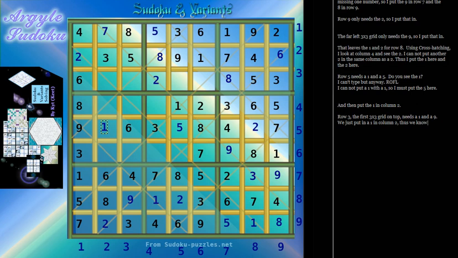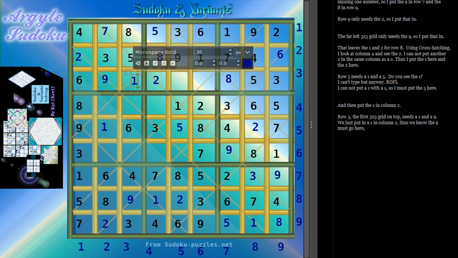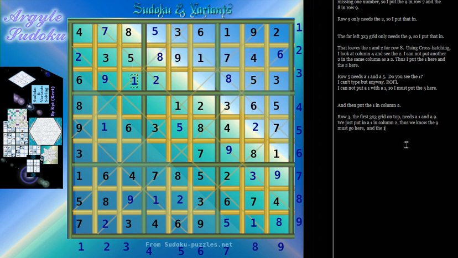Thus, we know the 9 must go here, and the 1 here. That leaves us the 4 and 7 in row 3.